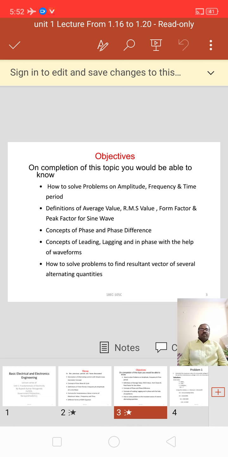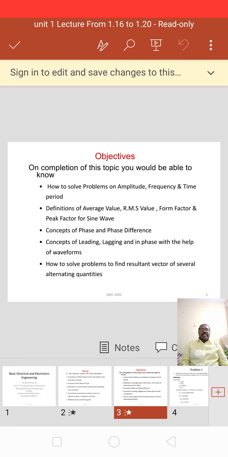We know that omega equal to 2 pi f, and f equal to 1 by T. These are the formulas for solving problems on amplitude, frequency, and time period, as well as the definitions of average value, RMS value, form factor, and peak factor for a sine wave.